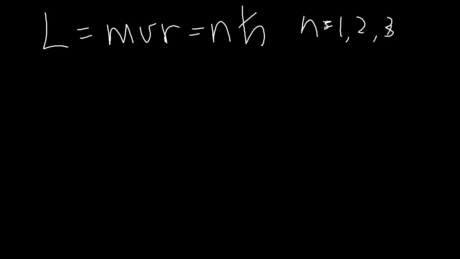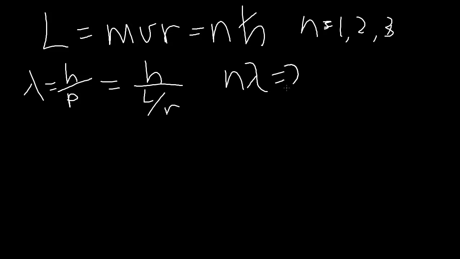Now, in hindsight, we can understand this in a somewhat more intuitive way: knowing the de Broglie wavelength, we can work this out, and rearranging, we get n lambda is equal to pi r.